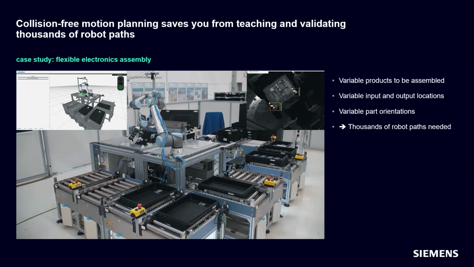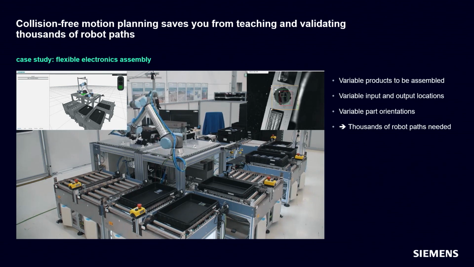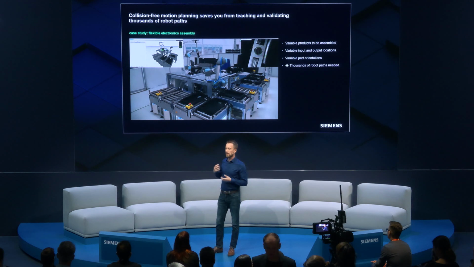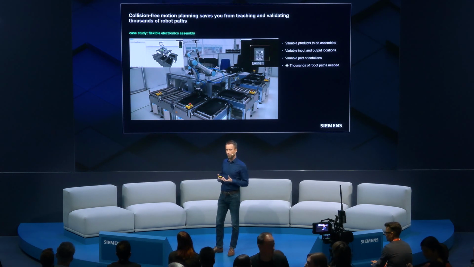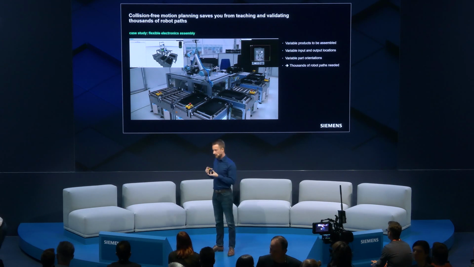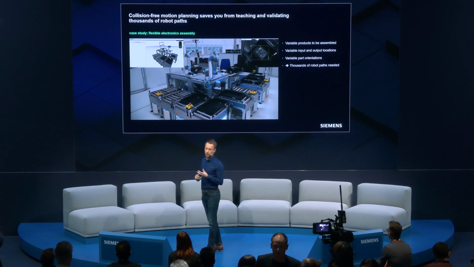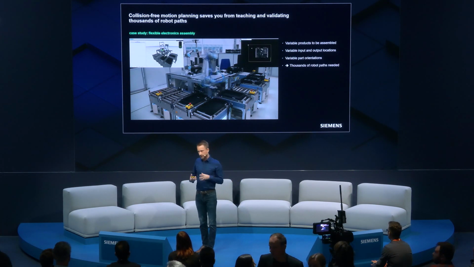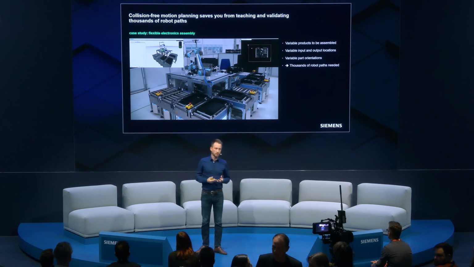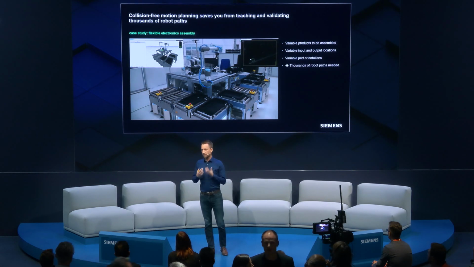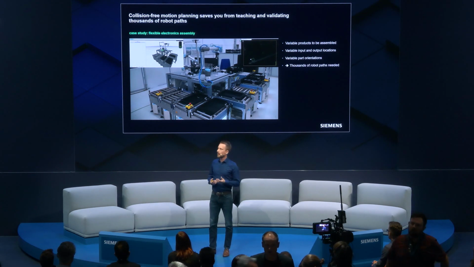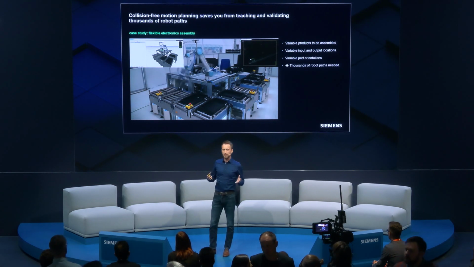What you see here is we're assembling these little servo drives, in this case small electronics components with housings and PCBs, and the different products set up to be assembled share some structure. But they're still different, and for every one you need different robot motions. Also, if you want to have a flexible assembly cell like this one, you need to take care of the logistics.